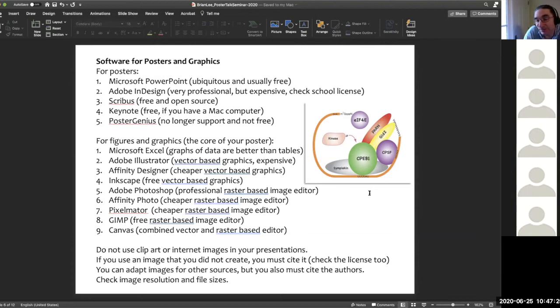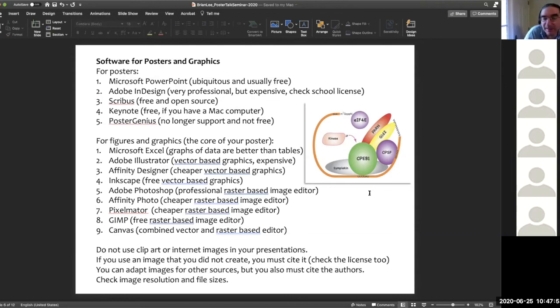It again is expensive, but it's very professional. Cheaper options are Affinity Photo, which is from the same people that make Affinity Designer, and Pixelmator, which is also a raster-based image editor. And for a free, open source option, GIMP is free and also does photo editing, so you might try that as well.